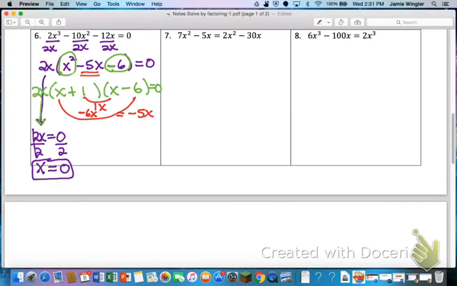Once you get the factors, you set each factor equal to 0, and you solve for x. So we get x equals negative 1. We're going to add 6 to both sides here and get x equals 6.